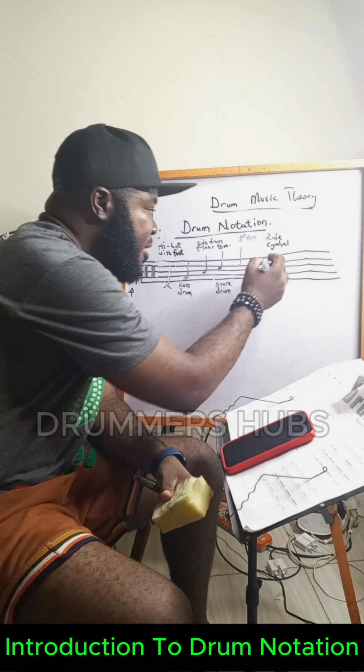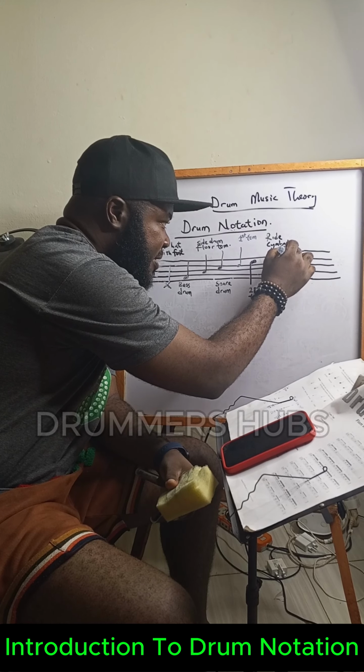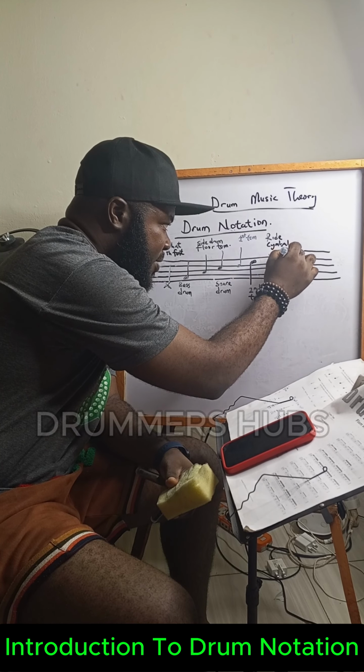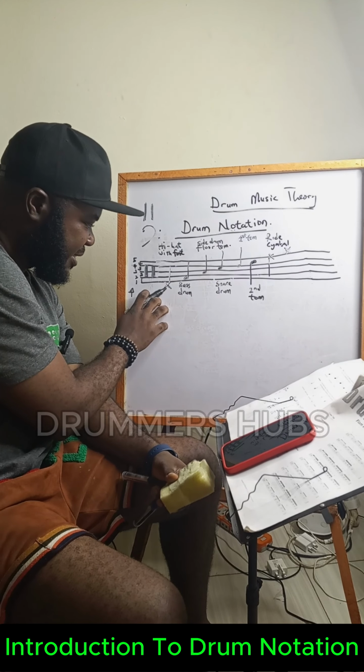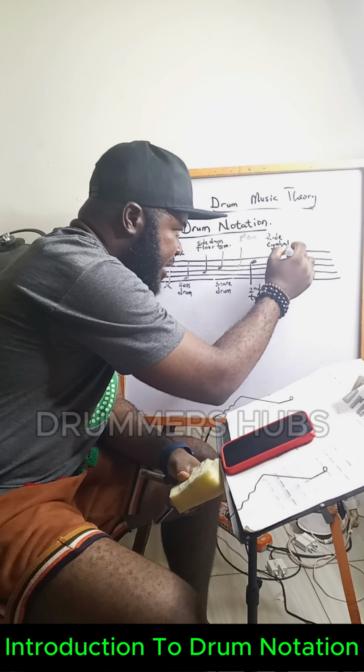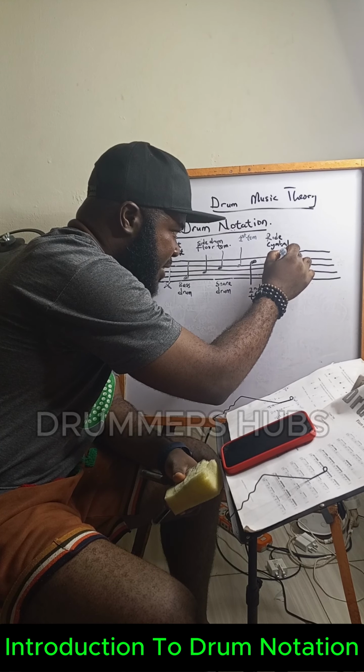For the cymbals, we have X notation, while for other parts of the drums, we have a round drum head. We also have the hi-hat. You see, it's resting on the fifth line, not written on the fifth line.